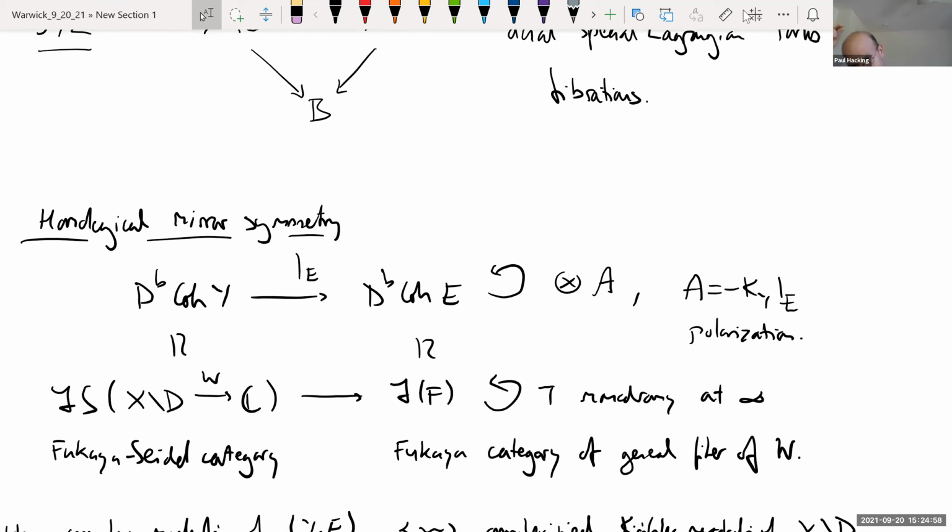We have an action there of the monodromy around the point at infinity on this Fukaya category. So if you have a family of symplectic manifolds, then the monodromy transformation is not just a diffeomorphism up to homotopy, it actually is a well-defined symplectomorphism once you've chosen the symplectic structure on the fibers.